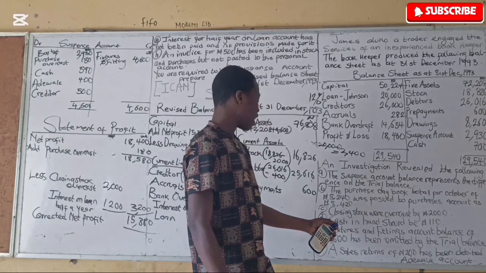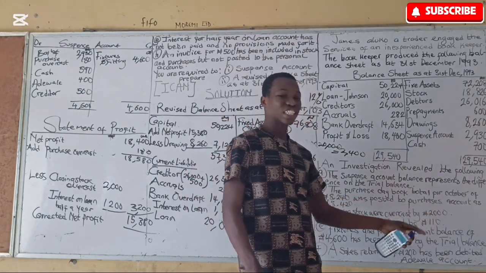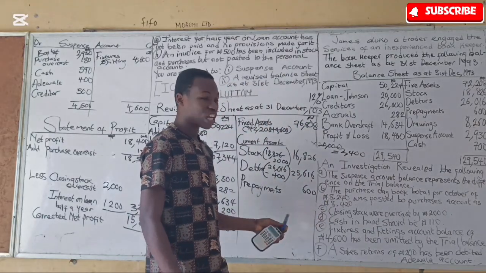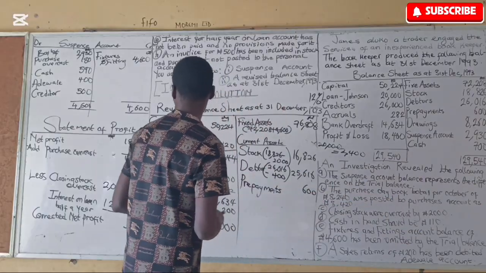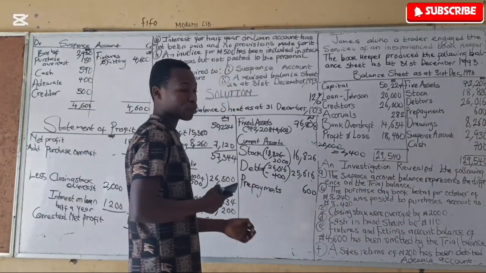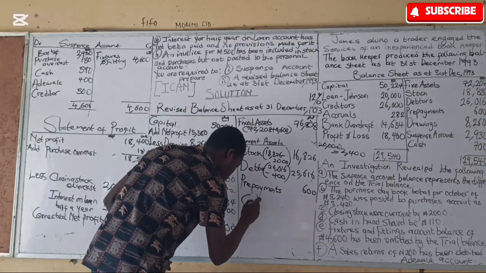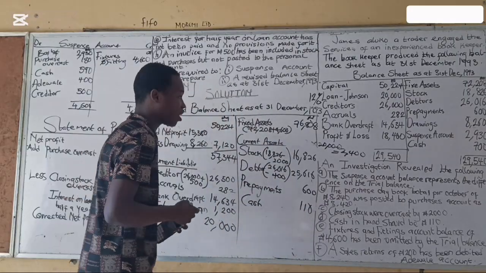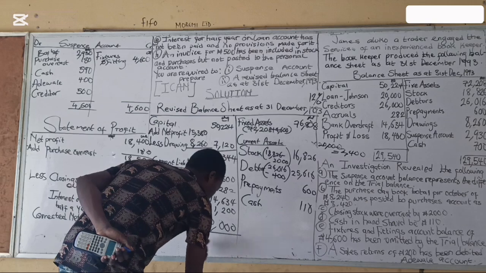The cash in hand we are going to record now is 110 naira, because we have done the necessary adjustments and corrected it by deducting 590 from the balance. So cash in hand here is 110. And what else? Nothing. So let's balance our account.